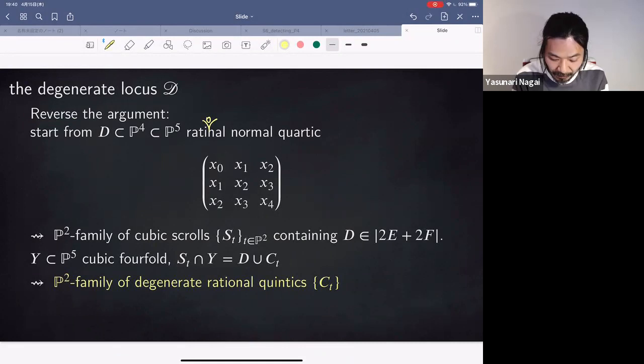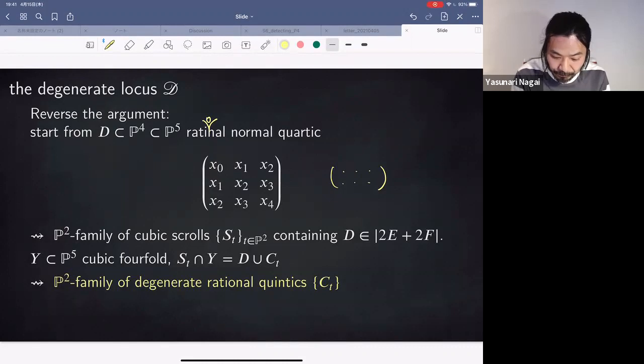Then we take two linearly independent linear combinations of these rows, or equivalently columns, like multiplying by a numerical constant matrix from the right, and then it gives a 3 by 2 matrix with linear entries. Then we can form a determinant equation as usual.